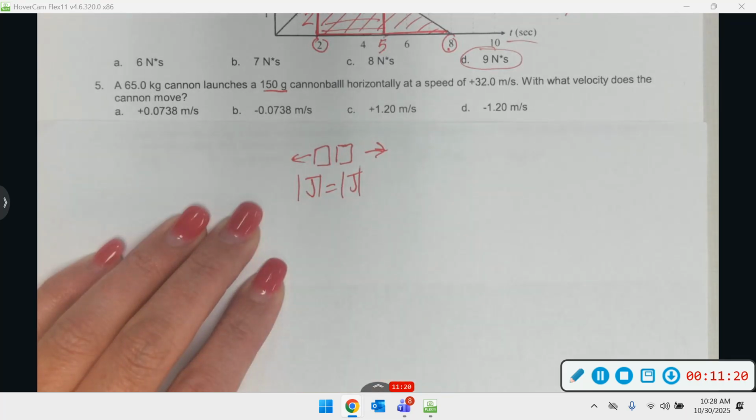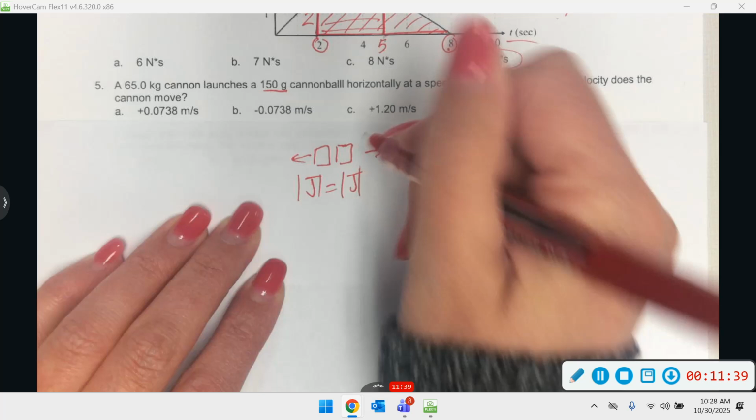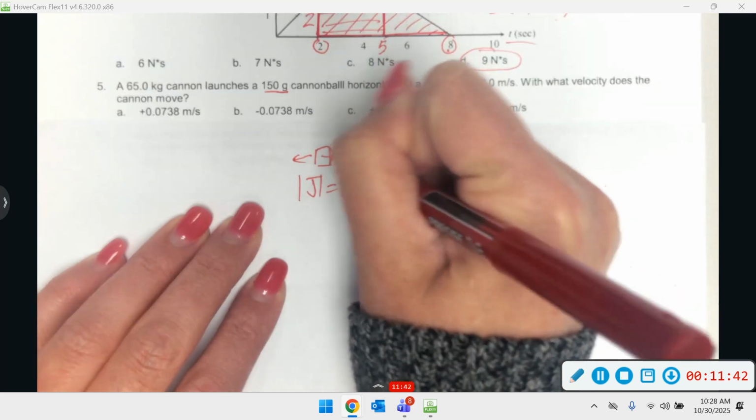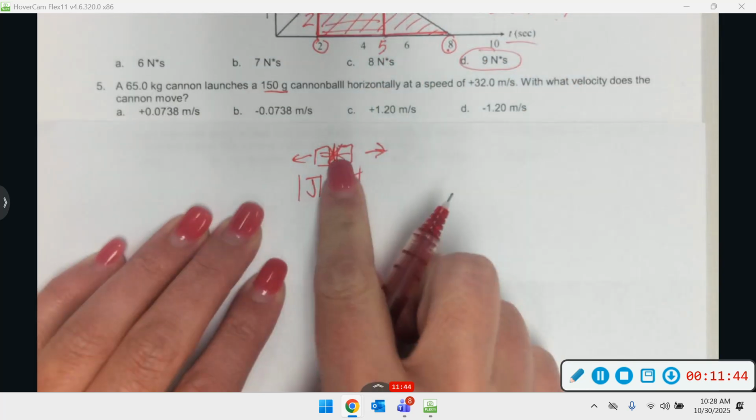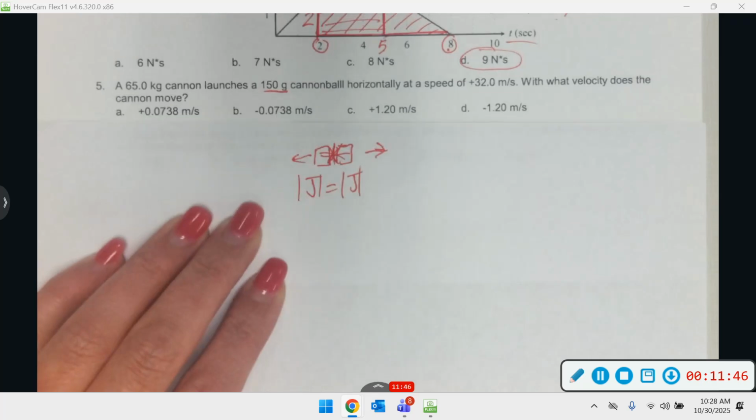And I know the information for the cannonball, because I know both its mass and its change in velocity. Okay, and so that's what we're going to use. We're going to use the mass and the change in velocity for the cannonball to figure out the cannon's velocity. Because anytime you have, whether it's a collision or an explosion, there's my explosion between the two, you're going to have equal impulses.